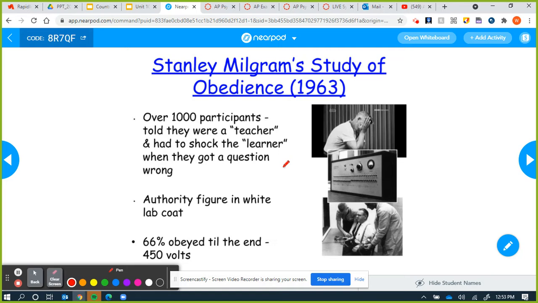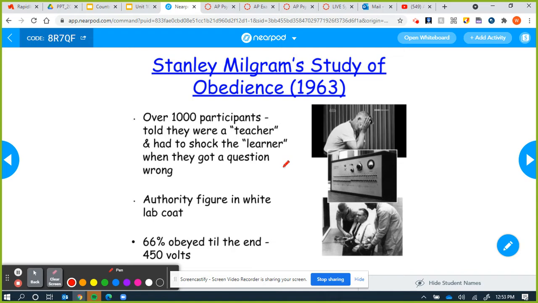So, in this experiment, if you remember, they got over 1,000 people to do it. They've recreated it over and over again, and they get the same results every time. The participant was being told by an authority figure, a guy in a white coat, that they needed to shock the learner.